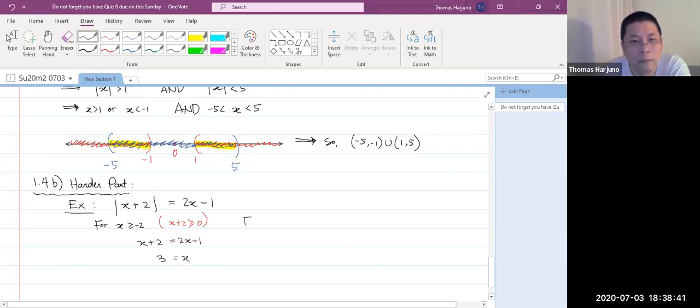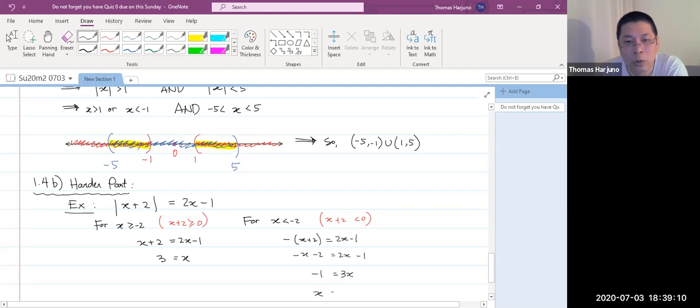And then for x less than negative 2, that's basically when x plus 2 inside the absolute value is less than 0. Then we will get negative of x plus 2 equals 2x minus 1. Yesterday we did it this way, so we get x equals negative 1/3.